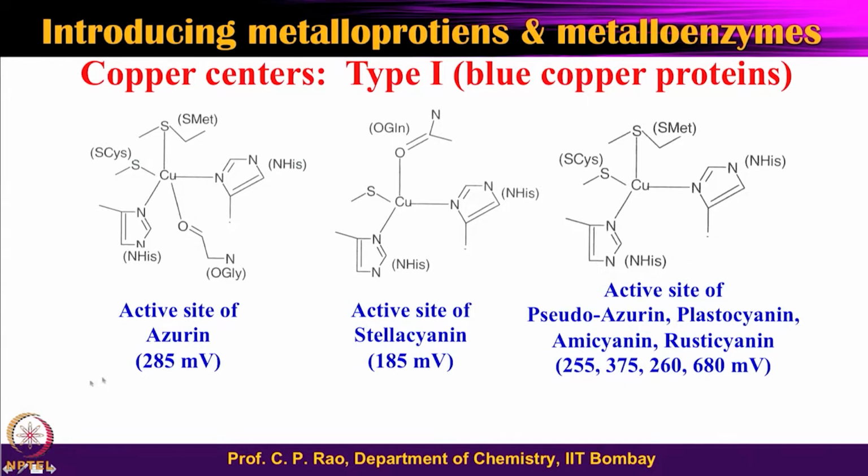What is the advantage of having such different potentials? You can do a variety of redox reactions, and electrons can be transferred from one to the other very efficiently when you have different redox potentials in this enzyme. Okay.